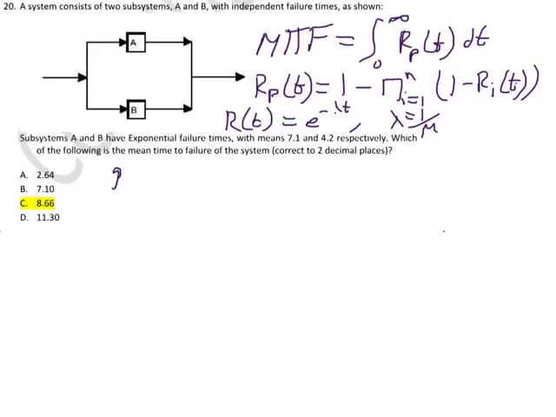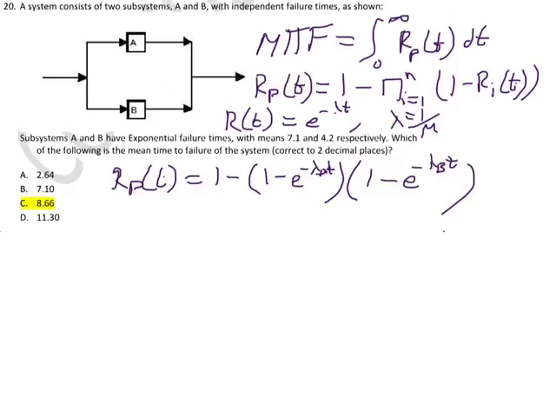So let's find first the system reliability, and that is going to be equal to 1 minus, now we need 1 minus the reliability of the first one, of component A, and the reliability is given by this, so that's 1 minus e to the minus lambda A t, and that's multiplied by 1 minus e to the minus lambda B t.